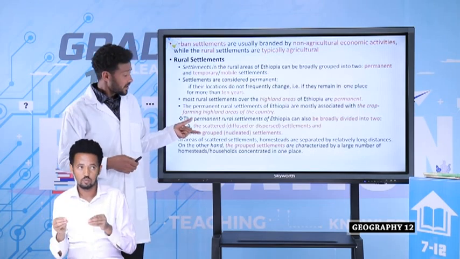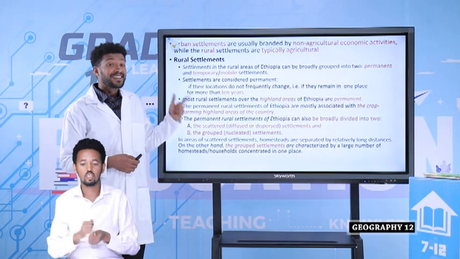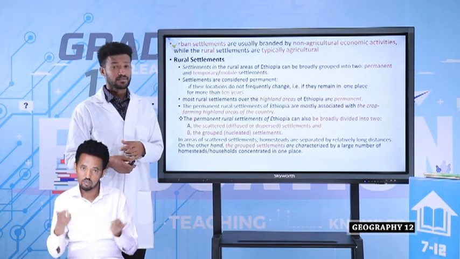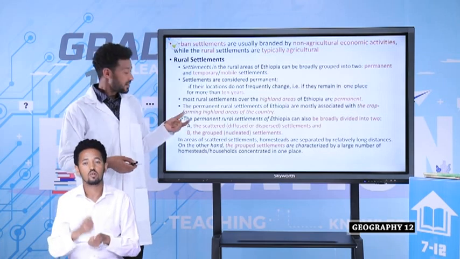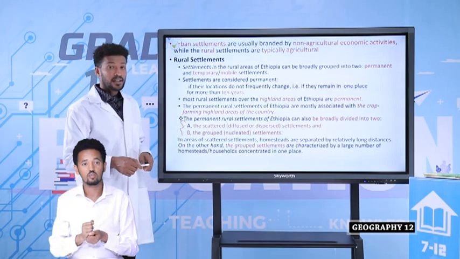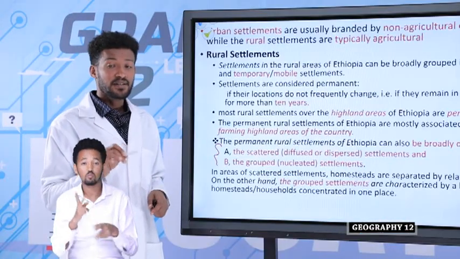Students, these categories depend on the second factor of settlement categorization. What I mean is the reason for these categories: population densities.